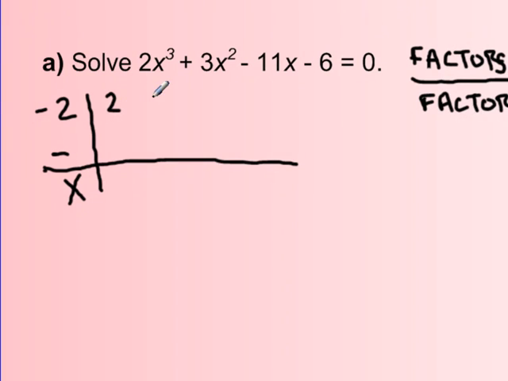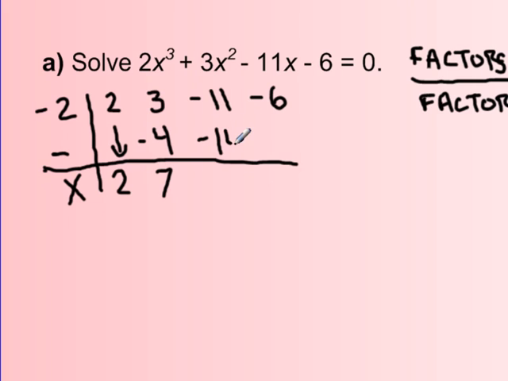Write the coefficients. And we start to divide. So 3 take away negative 4 becomes 3 plus 4, so we get 7. 7 times negative 2 is negative 14. Negative 11 take away negative 14 is positive 3.